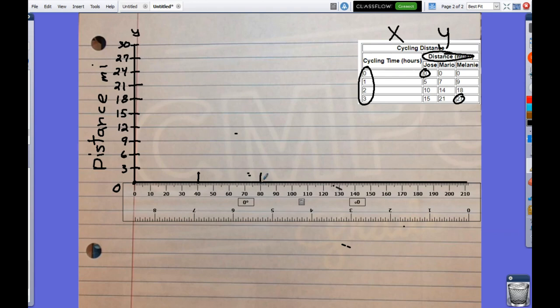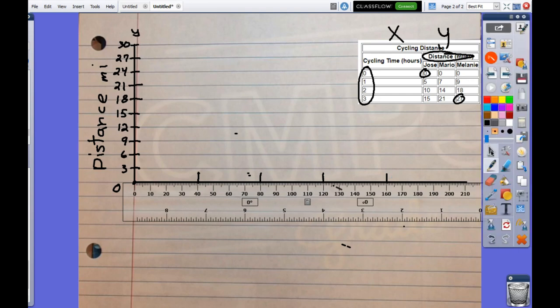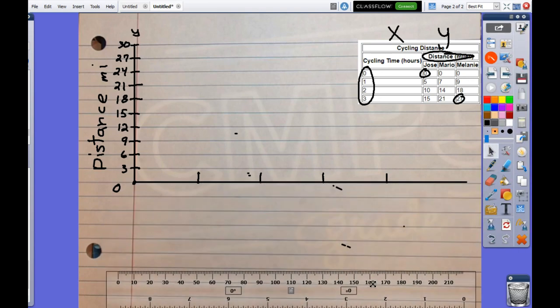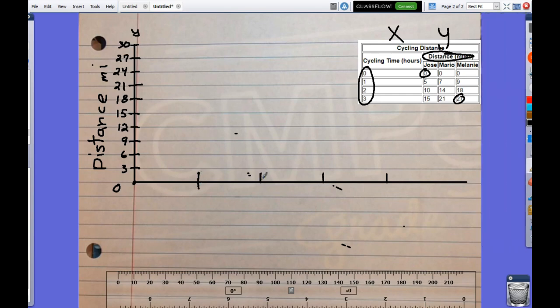We're going to mark off here. 1, 2, 3, 4. That gives us now our 3. And then for a little extra space, 1, 2, 3, 4. We're going to mark that off here. And then get our ruler out of the way and extend these hash marks out here.